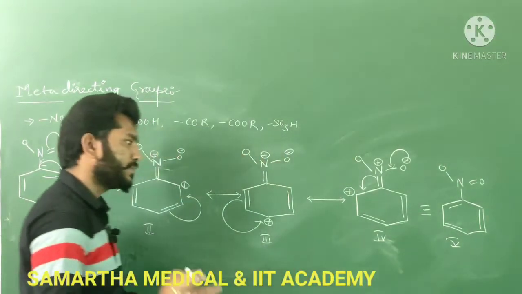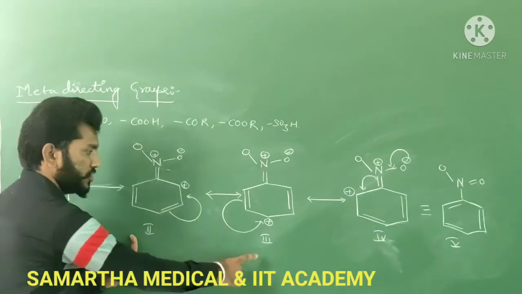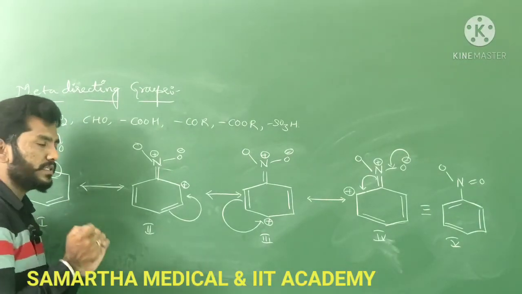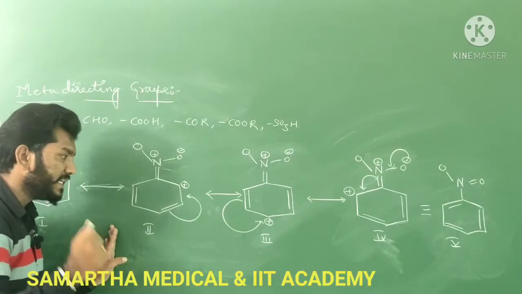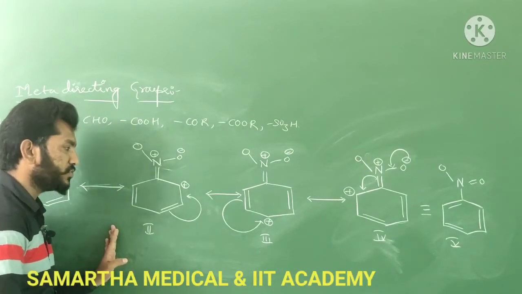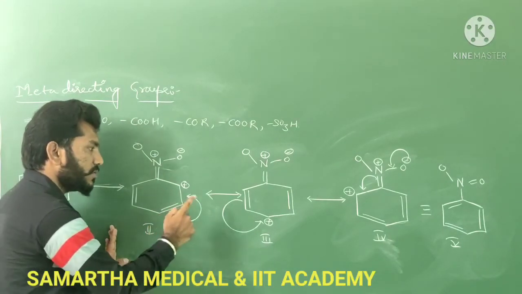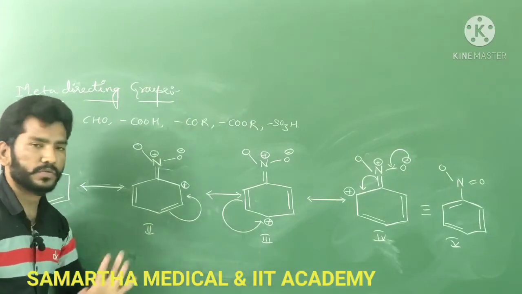But you just observe, okay, in the second structure and third structure, the positive charge we got only at the ortho and para positions, but we didn't get a positive charge at the meta position. Okay, so at the meta position the electron density is somewhat more as compared to these two positions, guys.